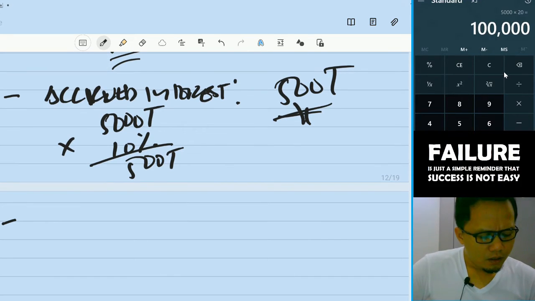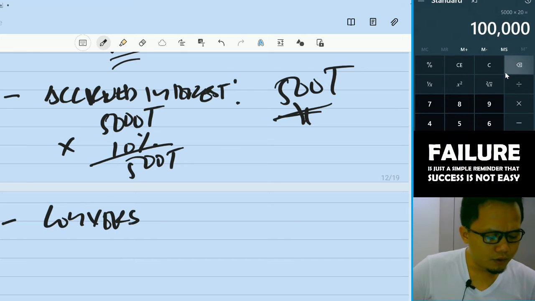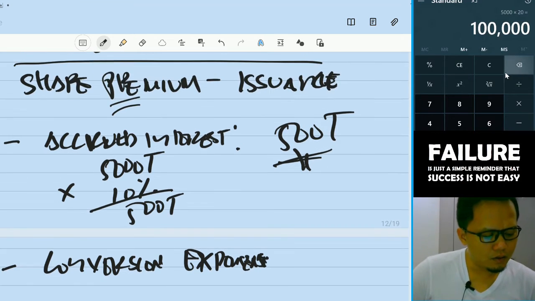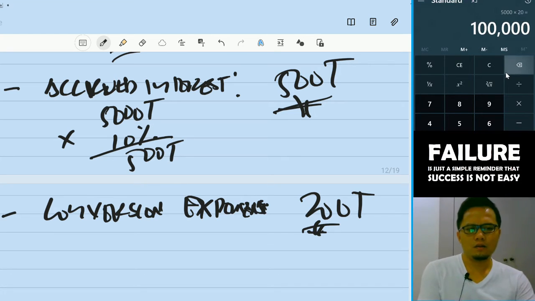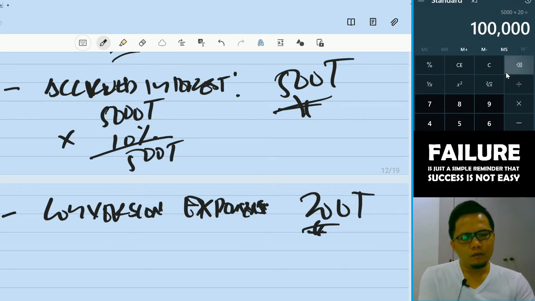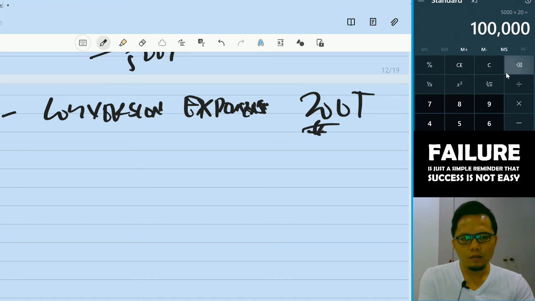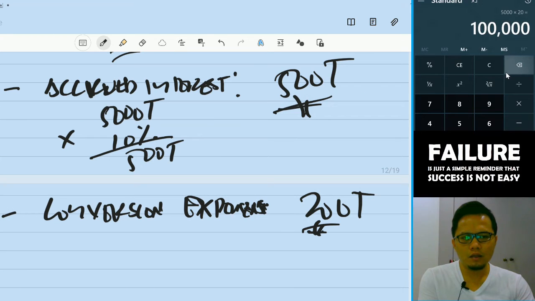Now, let's also say that there is a conversion expense amounting to 200,000. So again, we need to pay the accrued interest. The conversion expense, we also need to pay it because the conversion will not push through if we do not pay it.